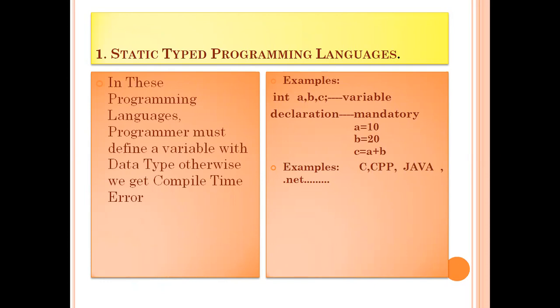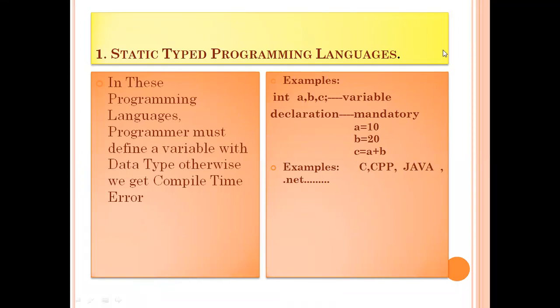Okay, example. Let's take int A, B, C. What are they? Variables. Declaration is mandatory here. Let me show you.